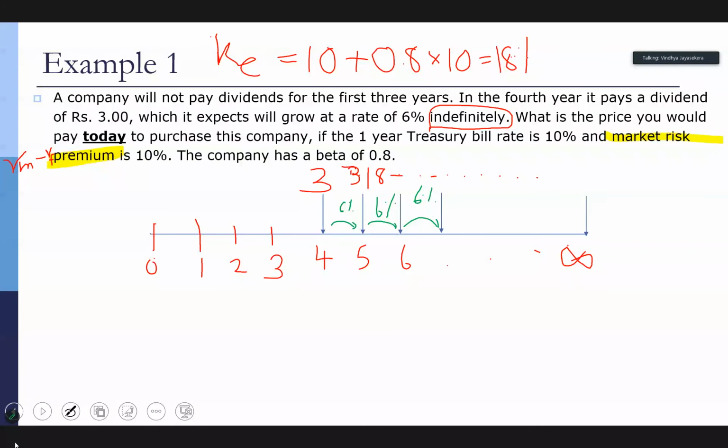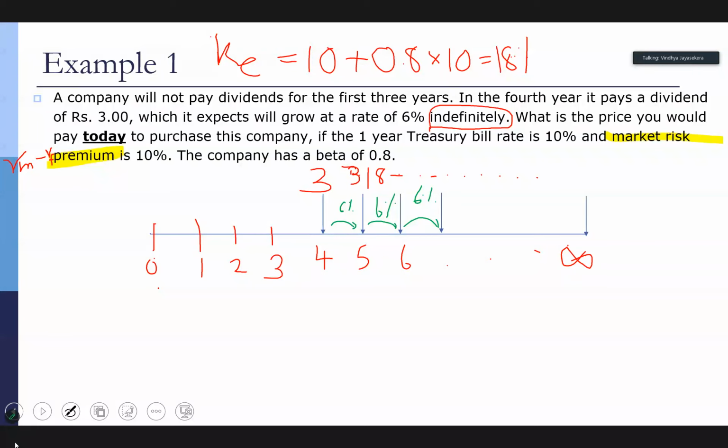Now the big question here is, how do I apply my constant growth model? I can do it two ways. But you tell me. It is not applicable for year 0, 1.